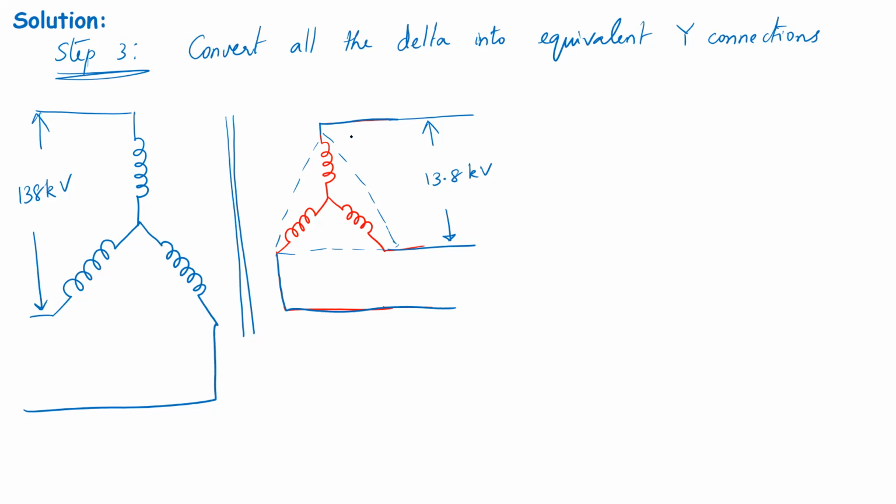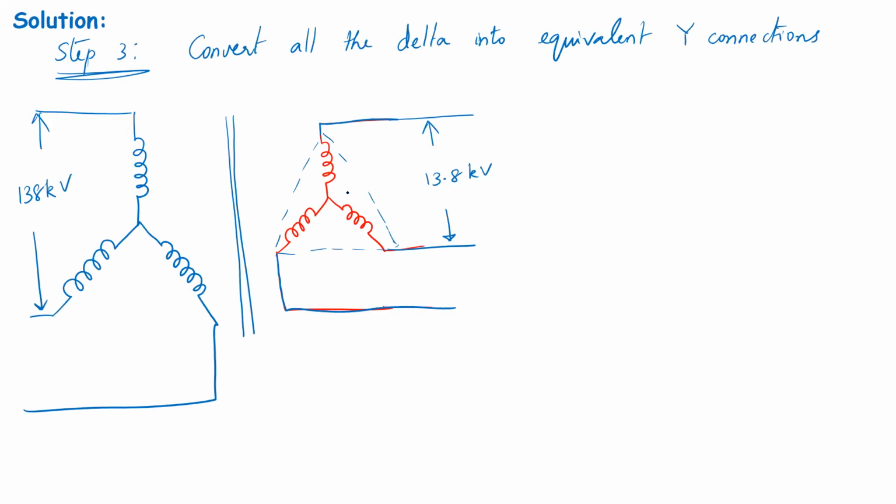So what will now happen is the phase voltage of this, because of this equivalent Y, there will be a neutral point, and the phase voltage will be 13.8 kV divided by root 3. This will be the phase voltage of this imaginary or equivalent Y connection. Why is that?